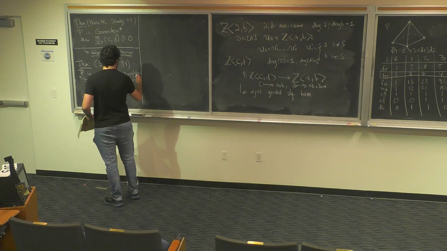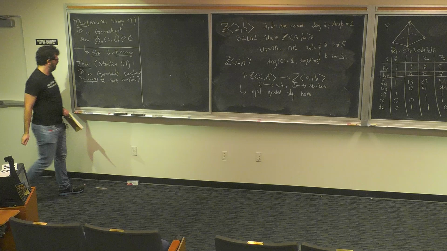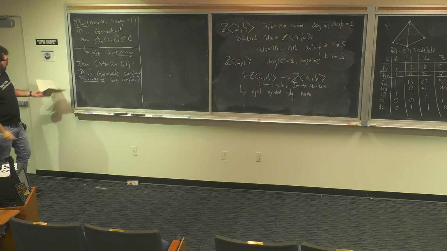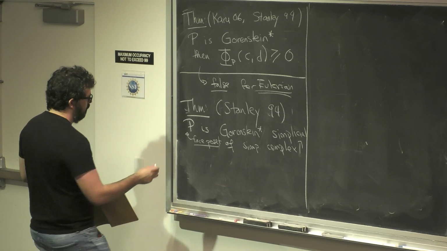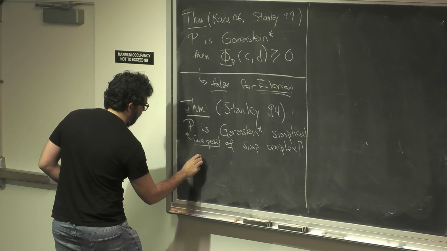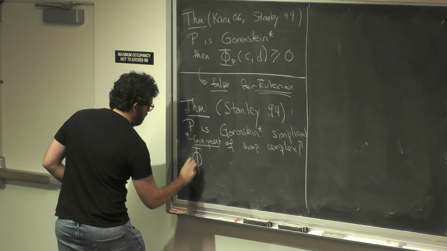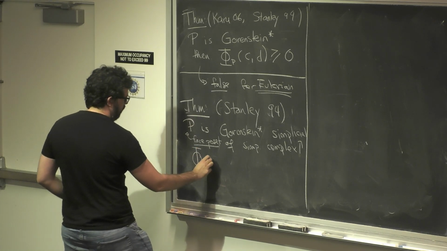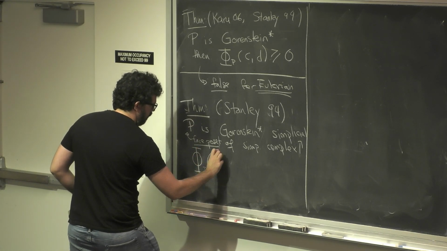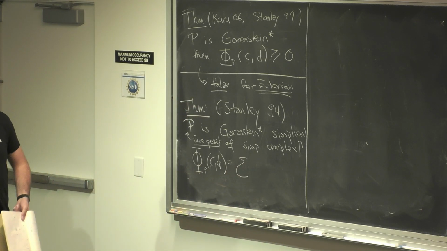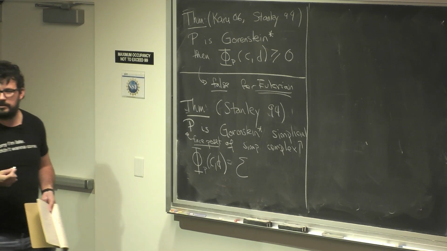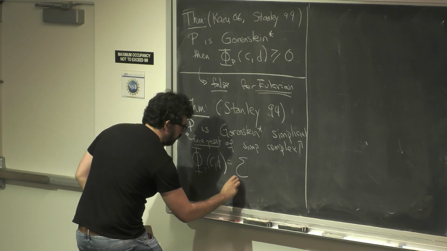Let's call it gamma because I already have a delta. What he does is, well, F vector theory falls inside this thing, and if I want to compute this guy over here, I'm going to be able to express this in terms of the original H vector, or the Hilbert series of the simplicial complex.